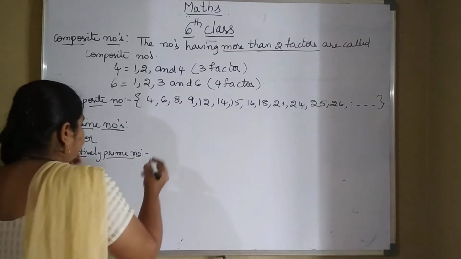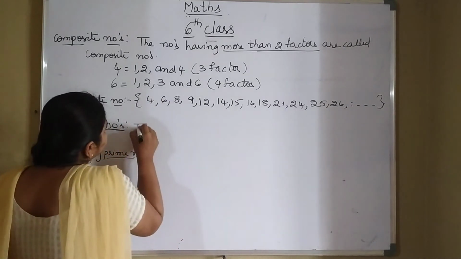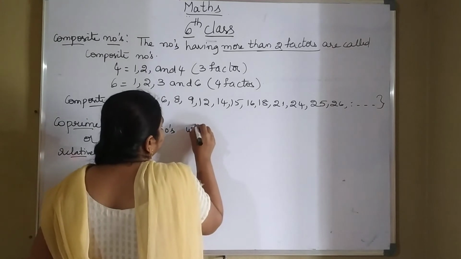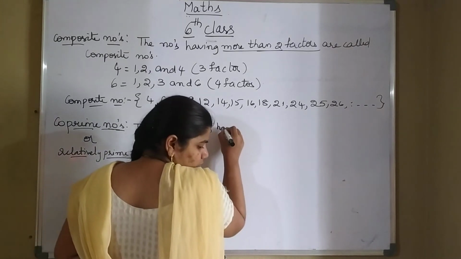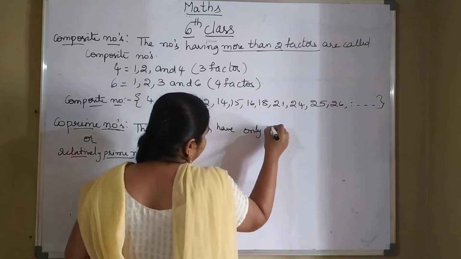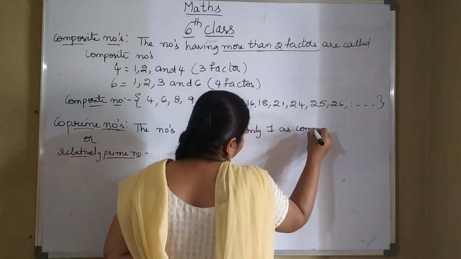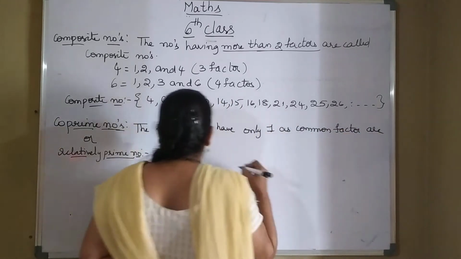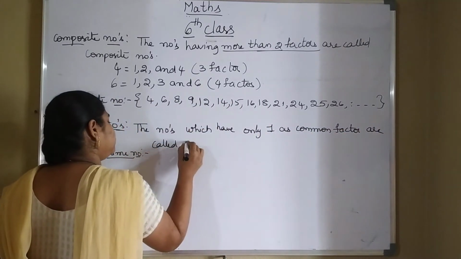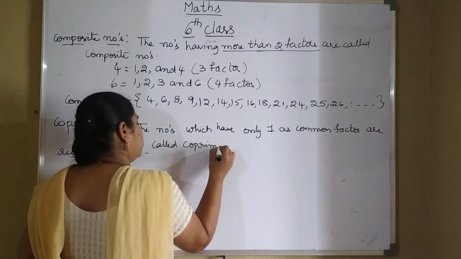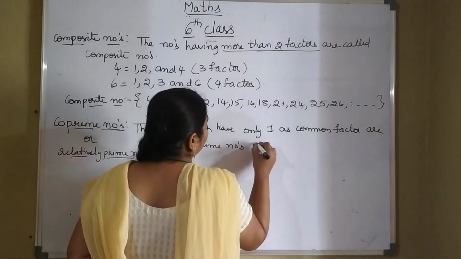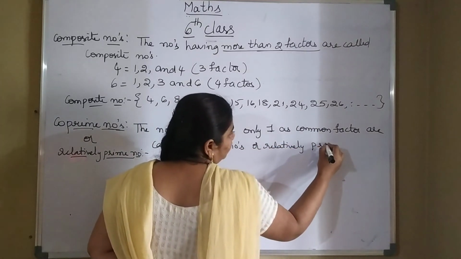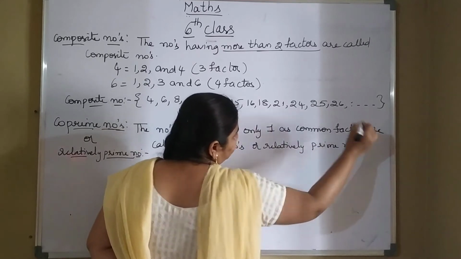So right here, the numbers which have only 1 as a common factor are called co-prime numbers or relatively prime numbers.